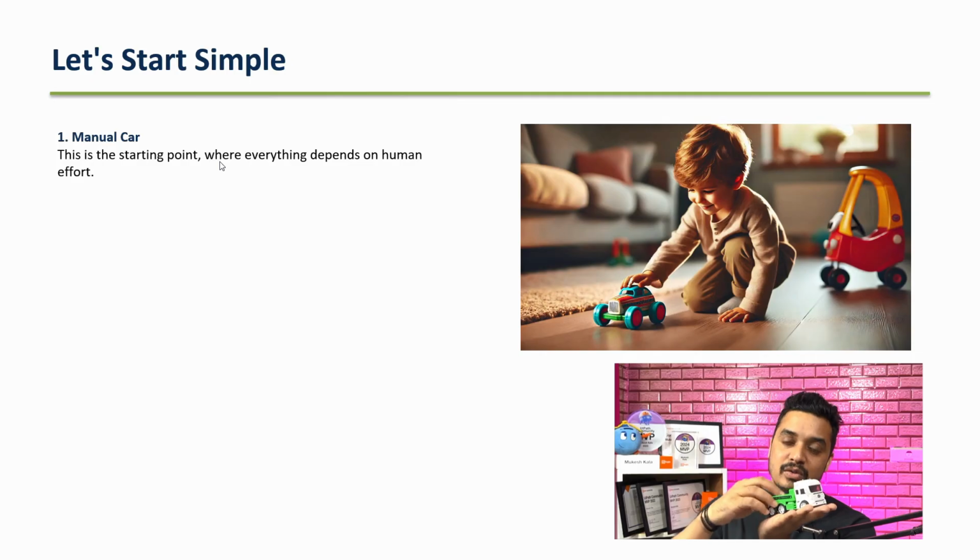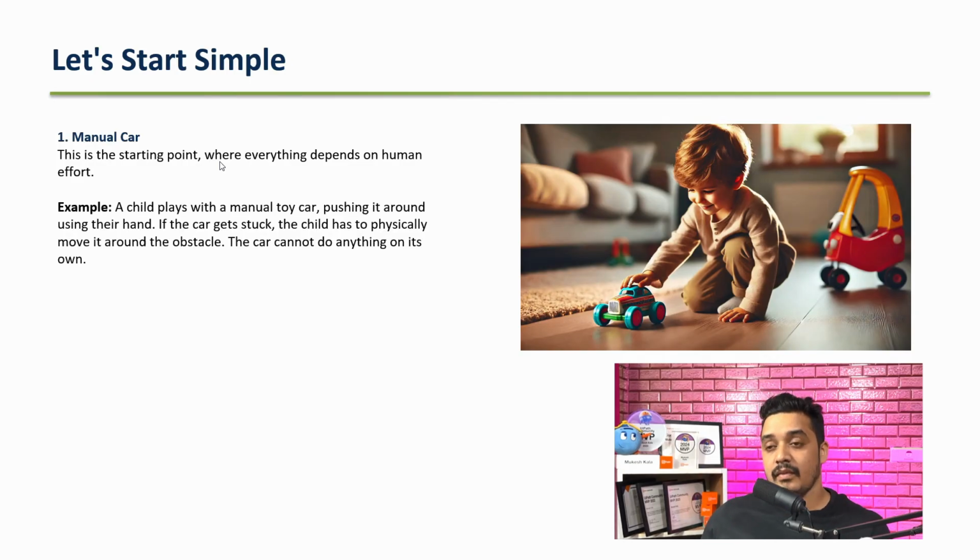If I have to move it towards the left or the right, I have to move it like the kid is moving in the picture. So basically there is no automation, nothing. This is just a simple car, and to move it or do anything, I have to put in manual effort. Now, the example is a manual car, pushing it around with the hands. If the car gets stuck somewhere, the child has to physically move it away from the obstacle. The car cannot do anything on its own.